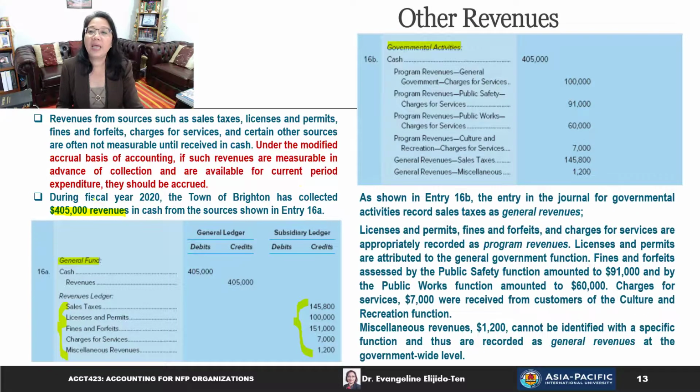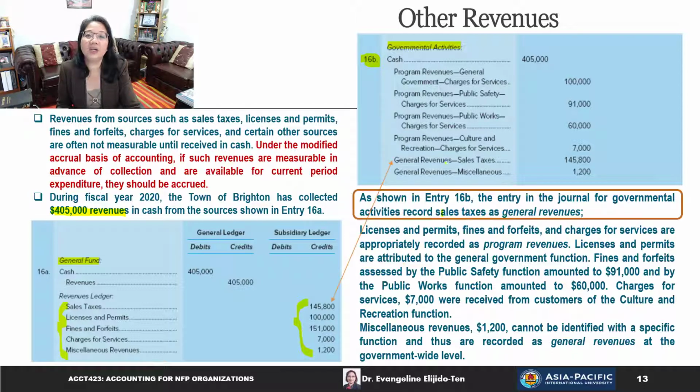All right, and so with additional information, we will see that in entry 16B, the sales taxes are considered general revenues. So we have got sales tax of 145,800. It is classified as a general revenue, and that full amount of sales taxes, 145,800, is credited.